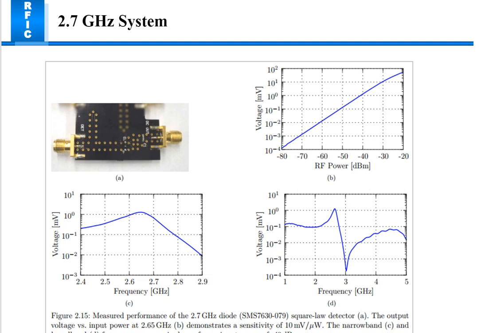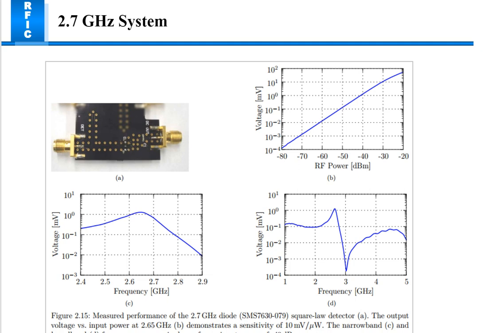In this, a 2.7 gigahertz detector was designed using a single stub match with a grounded coplanar waveguide transmission line on an RF4 substrate.